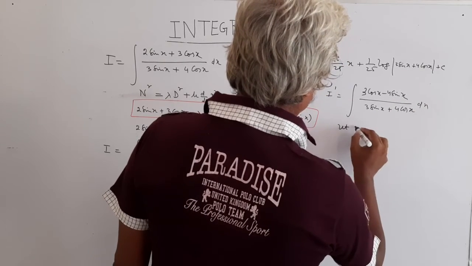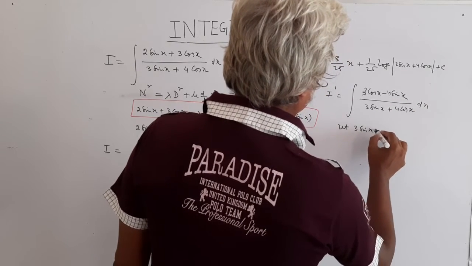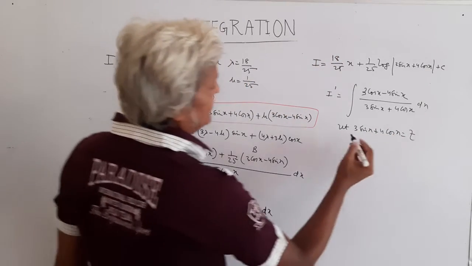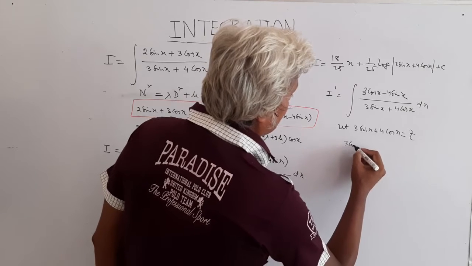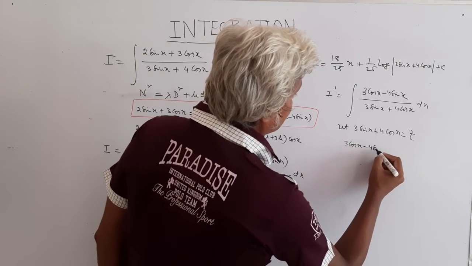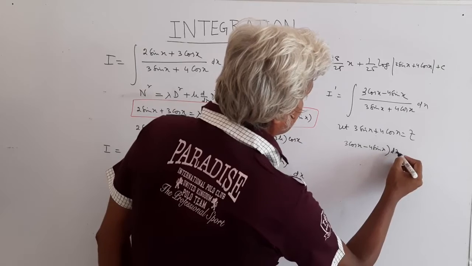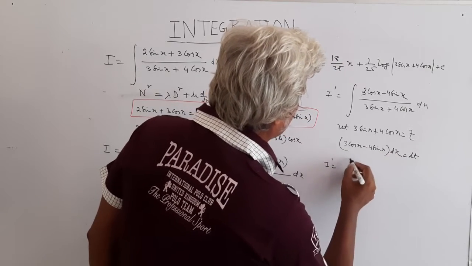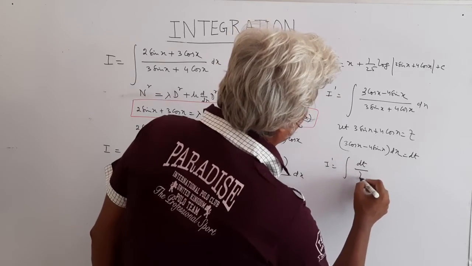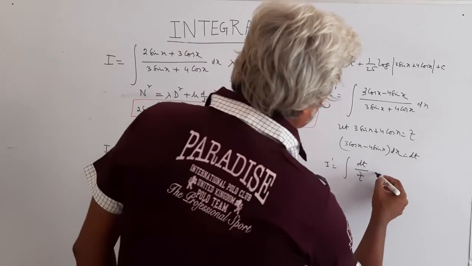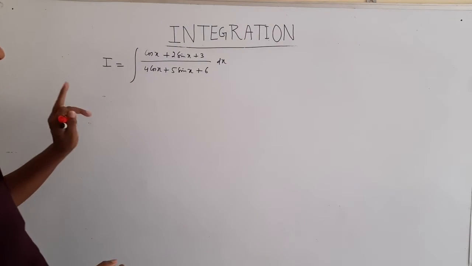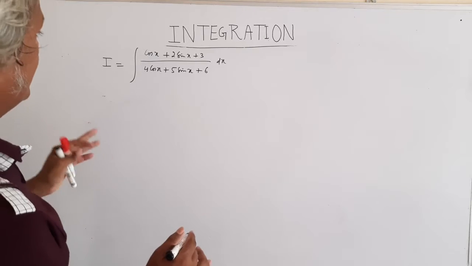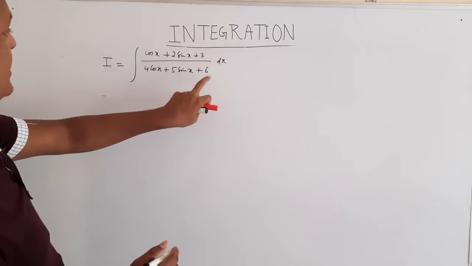So let 3 sin x plus 4 cos x equal to t, and then if you differentiate you get 3 cos x minus 4 sin x dx is dt. So this I dash integral will become dt over t, and this integration is nothing but log t. I have taken this example to elaborate the form number 2 that we have discussed, that you will have some coefficient here also.